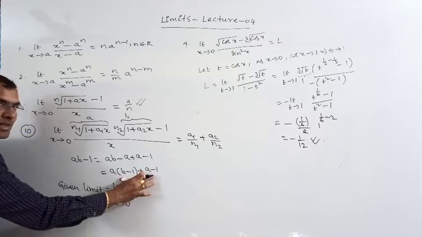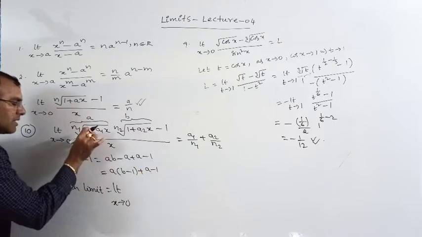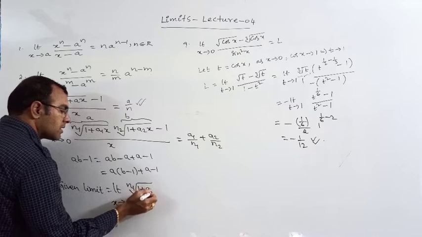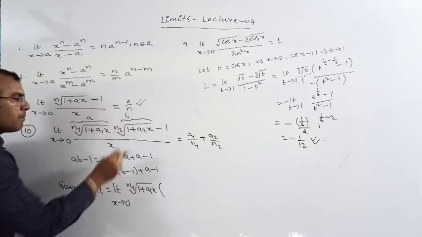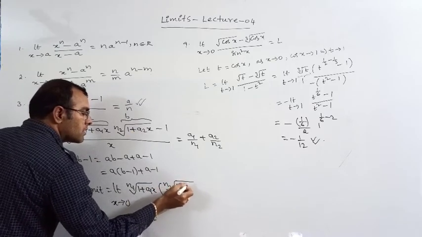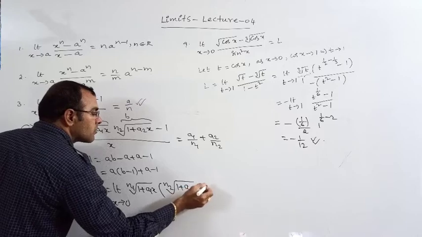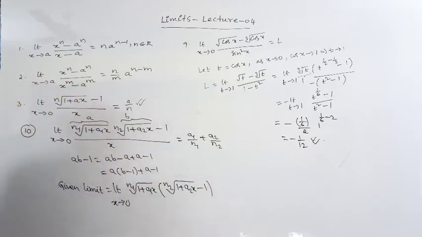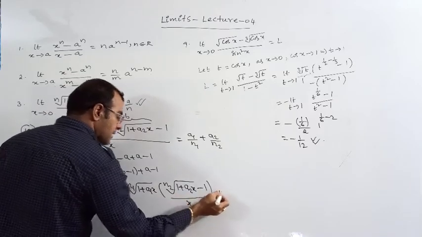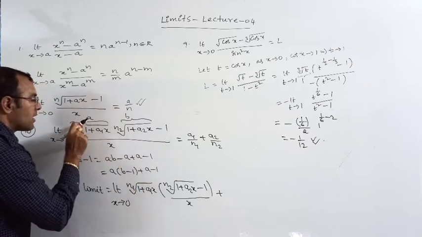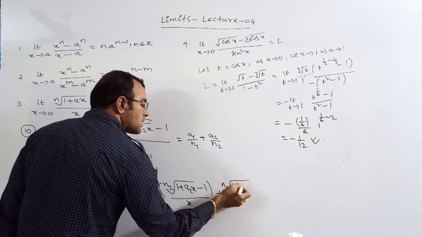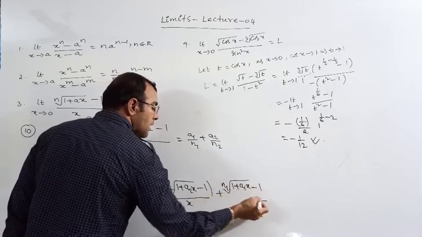We use the same concept. Here A means n1th root of 1 plus a1x, into B means nth root of 1 plus a2x minus 1, by x. Plus A minus 1, where A is n1th root of 1 plus a1x minus 1 by x.